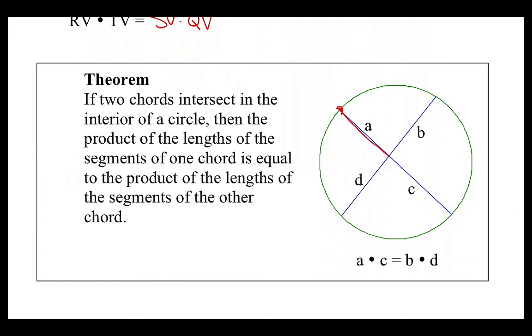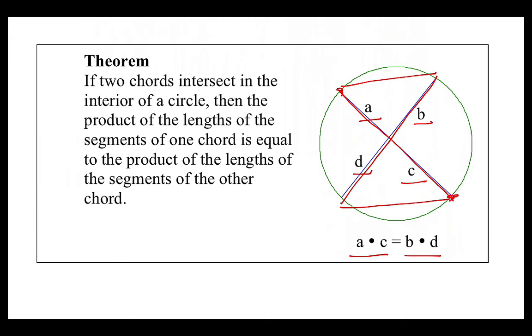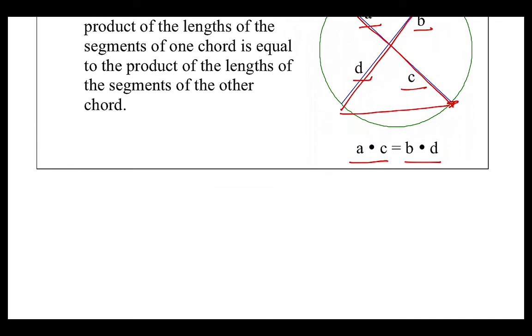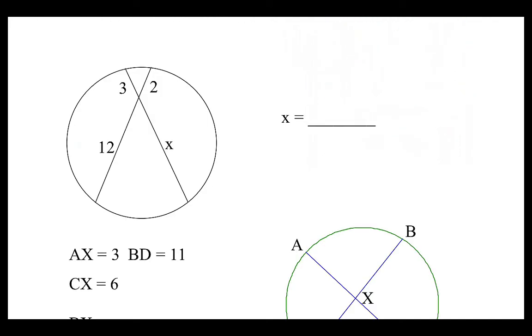If this is the first chord created by parts A and C, if I multiply those two parts together, it should equal the other chord's two parts, B and D, multiplied together. Very simple theorem that comes from the idea of similar triangles if I were to connect the ends of the chords and create triangles. So let's see how we can use this theorem to solve some examples.